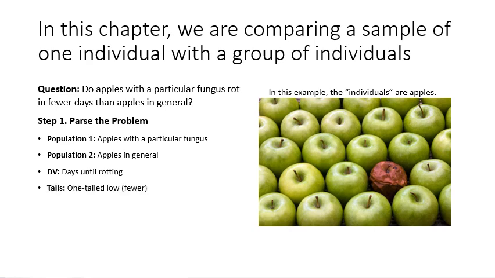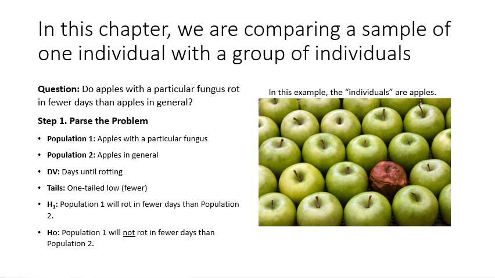Tails, one-tailed low, and I get that from the word fewer in the question. And so the research hypothesis, which I've just listed here as H1, population 1 will rot in fewer days than population 2. And the null hypothesis, which I've just written here as H0, population 1 will not rot in fewer days than population 2.